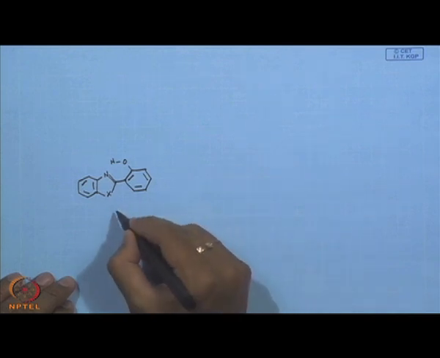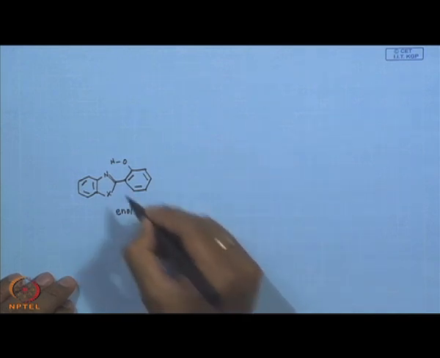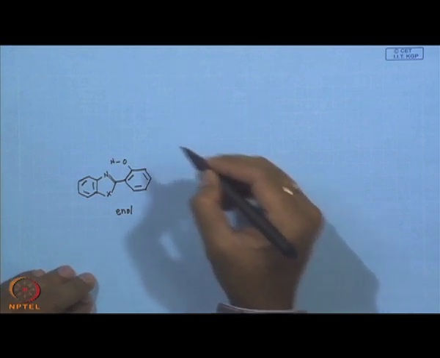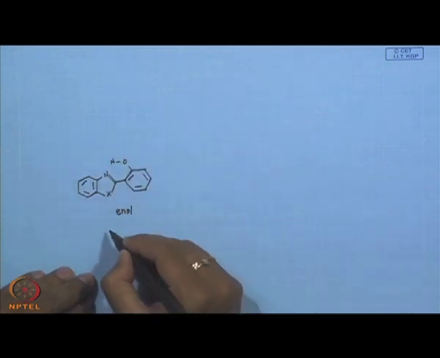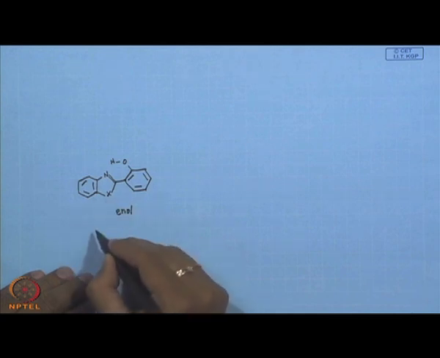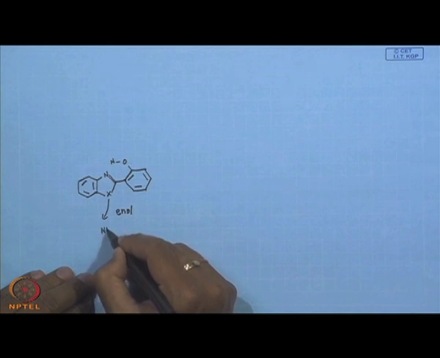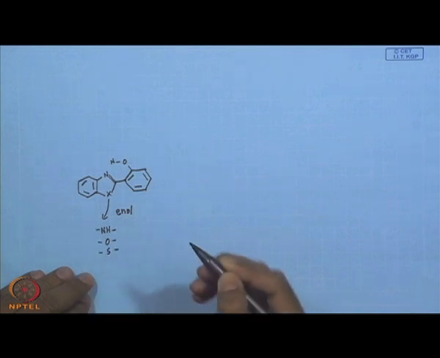Okay. So, this is your enol form. This X can be NH, O or S.